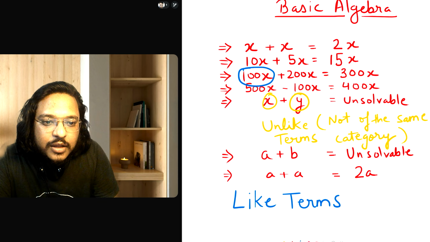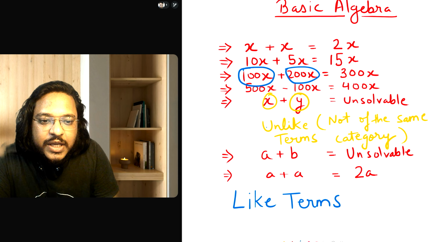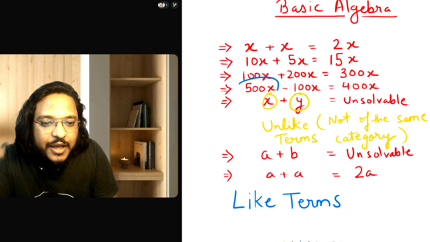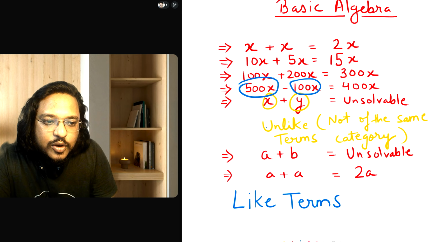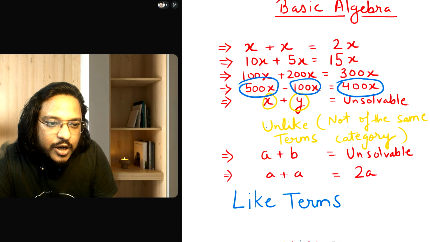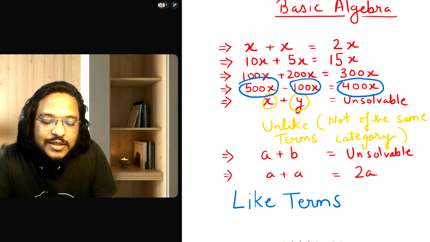The 100x and the 200x were only able to add and become 300x because they had the same letter x in them. The 500x and 100x could only subtract because they had x in them. And therefore, as you can see, the answer also has the x.